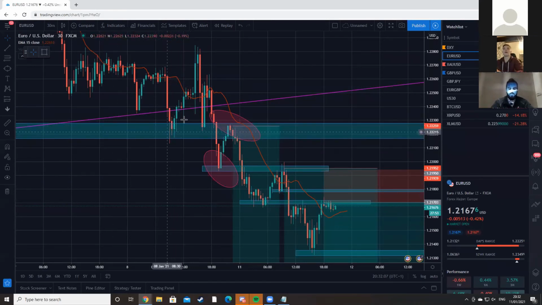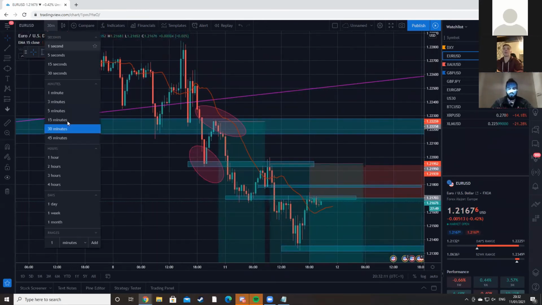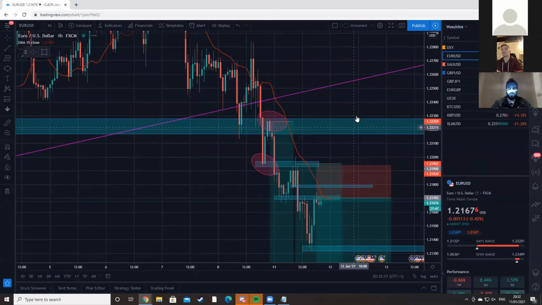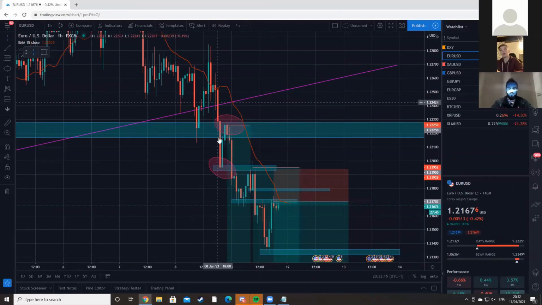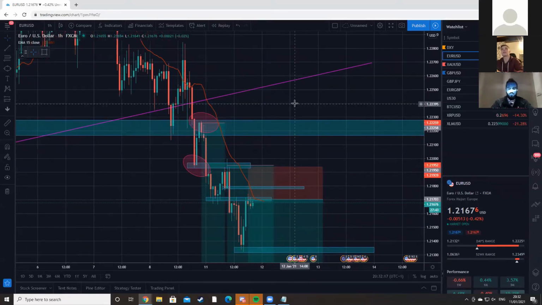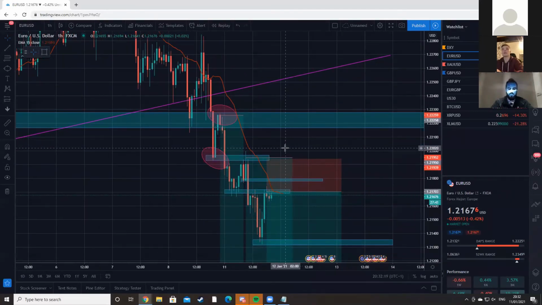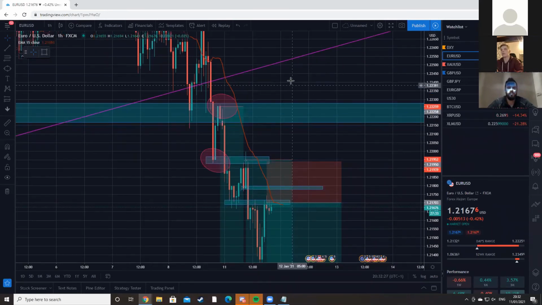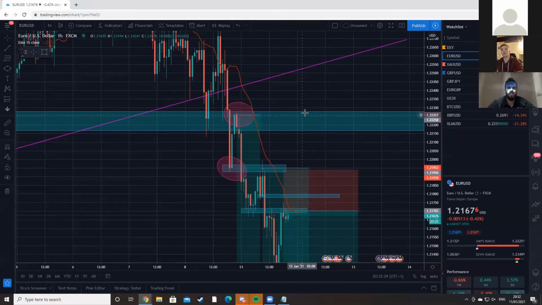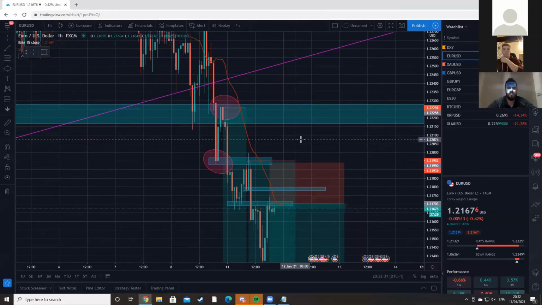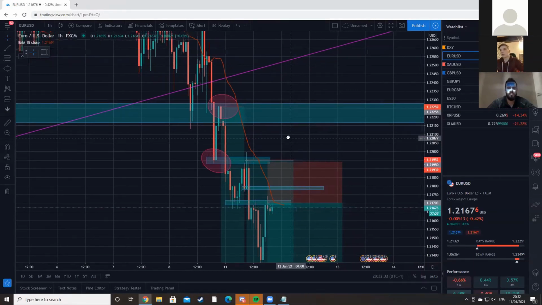This is a little bit more risky in my opinion. I really want to see the market really broken, and then the retest before you enter. That's more safe. But for me, this was a perfect entry as well. But that's really your own opinion, okay?